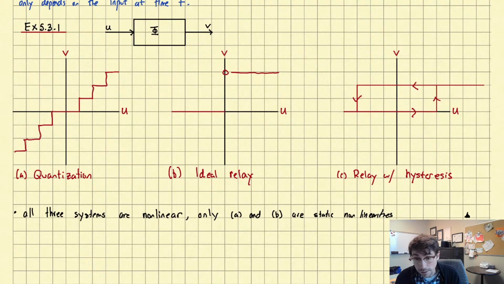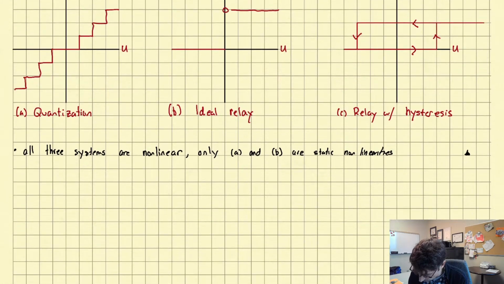And the idea in this section, remember conceptually we're doing something different than linearization, is that if we can get access to these static nonlinearities, in other words, if they show up in just the right way in our system model, we can account for them in our control design. So let's make that statement precise.